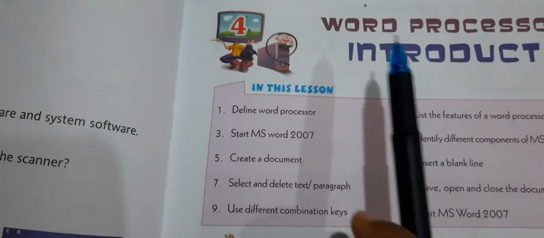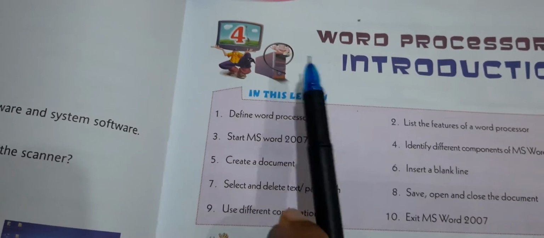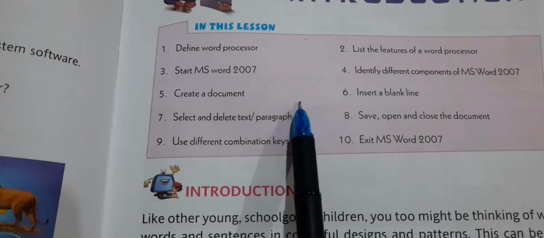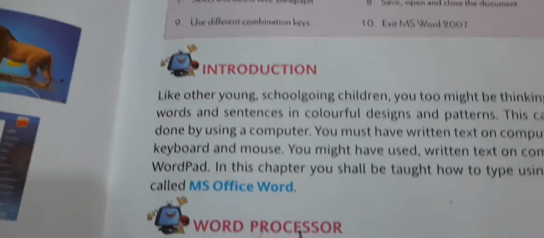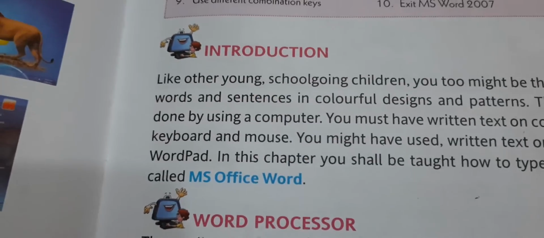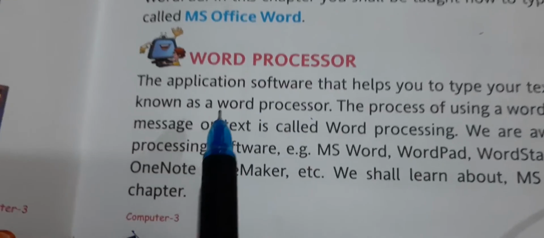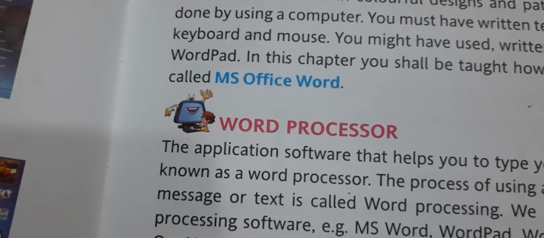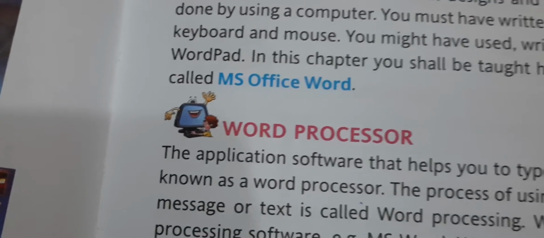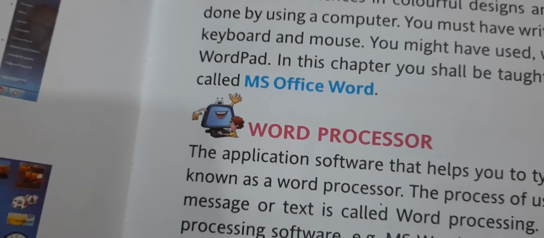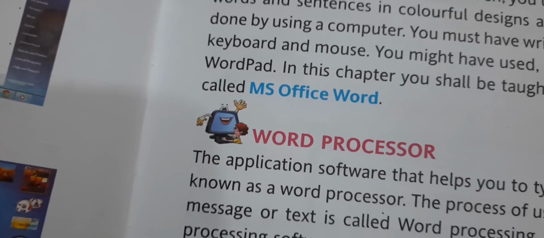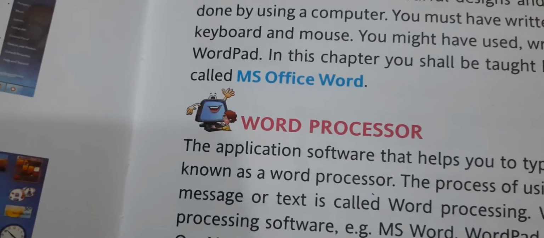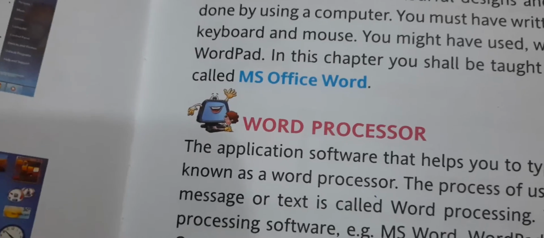You can see that the heading is in different form and shape, then there are pictures, this is in a box, here the background is different, headings are in different color, important things are in different colors. Because of this variation, we find it interesting to read any book, or even in the newspaper, the text is presented in many different ways. So for all this we need word processor, because it is doing the processing with the word.